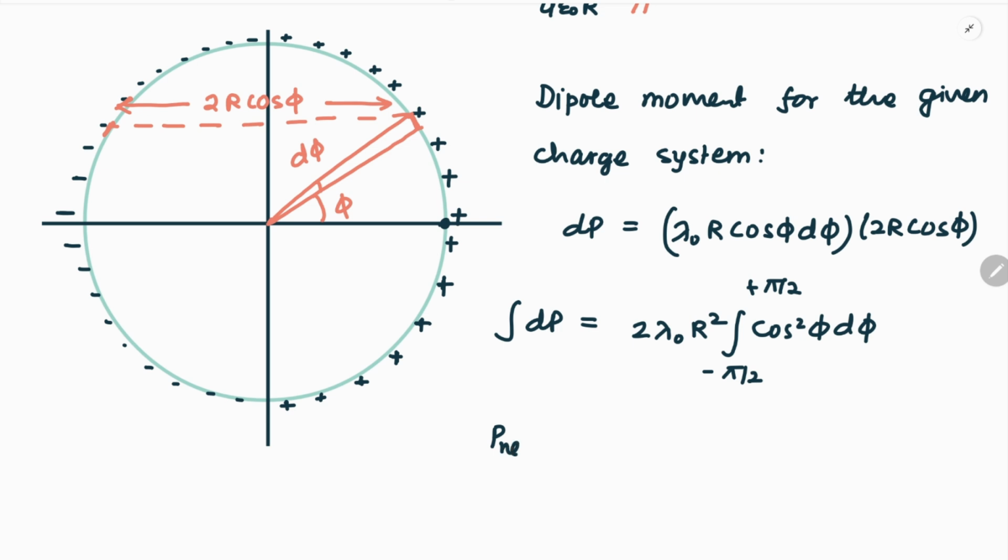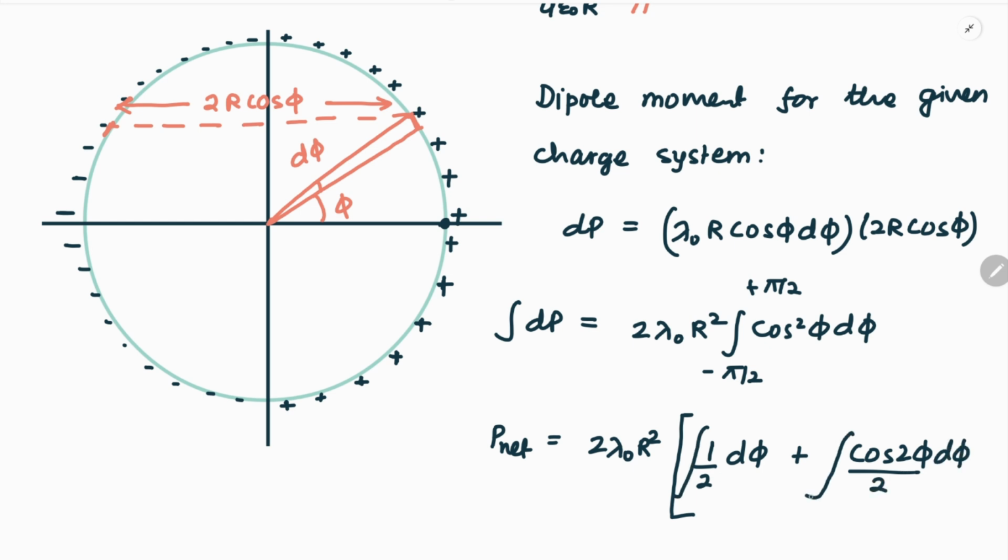So the net dipole moment can be written as 2 lambda naught r square, and we are writing cos square phi as (cos 2 phi plus 1) by 2, that is we can write it as half d phi plus cos 2 phi by 2 d phi, and we are integrating both from minus pi by 2 to plus pi by 2.